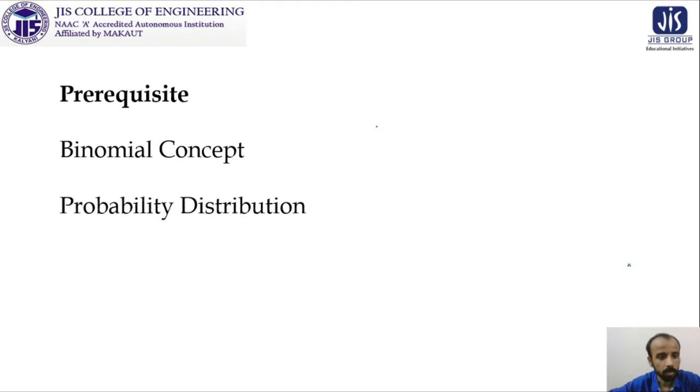Next, we obviously need the idea of probability distribution. So we need the idea of random experiment first, and then random variable and its types like discrete distribution and continuous distribution, as well as the mass function concept, the density function concept, and the distribution function concept, cumulative distribution functions.